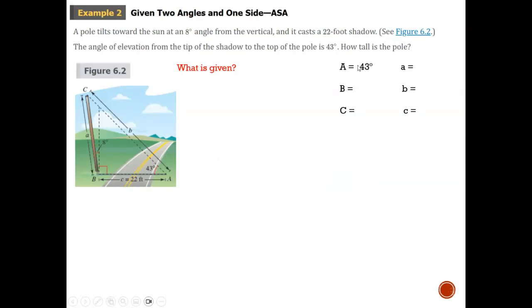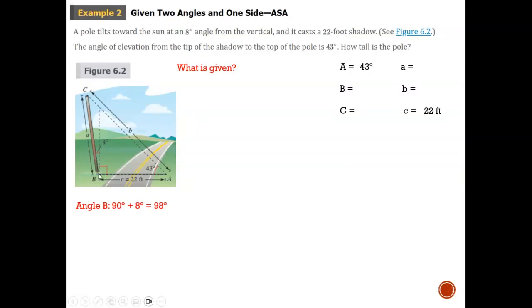So again, what do we have? I have angle A, which is right here, 43 degrees. I have the length C, which is down here, which is 22 feet. And the actual triangle that I have is this one with A, and then this is length C, and this is length B. So it does tell you that the tilt is 8 degrees, right?